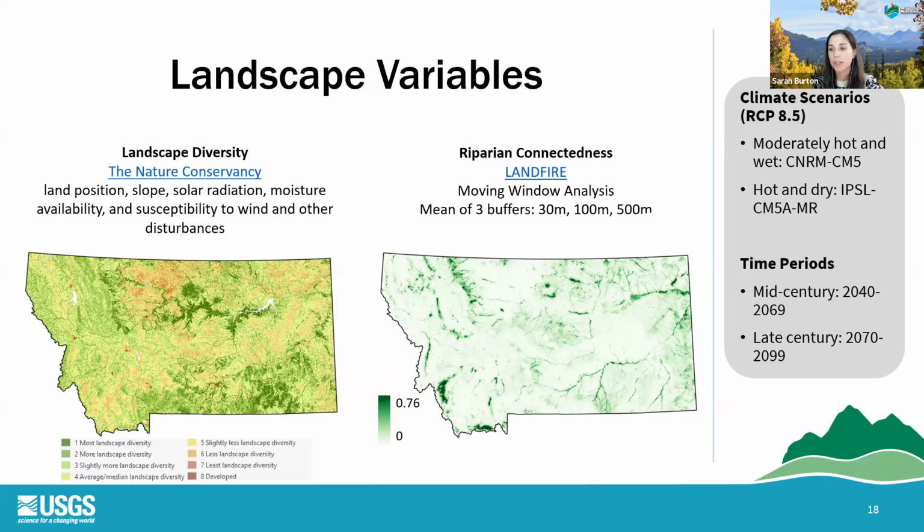So we used 3 different buffer zones to kind of get at this because we were looking at a variety of wildlife species that these state wildlife agencies might be interested in, such as amphibians might have a smaller range versus the larger mammals that we have on the landscape out there, such as moose or elk or something like that. So we really wanted to consider these different buffers and provide those data layers to the resource managers should they need them in the future.